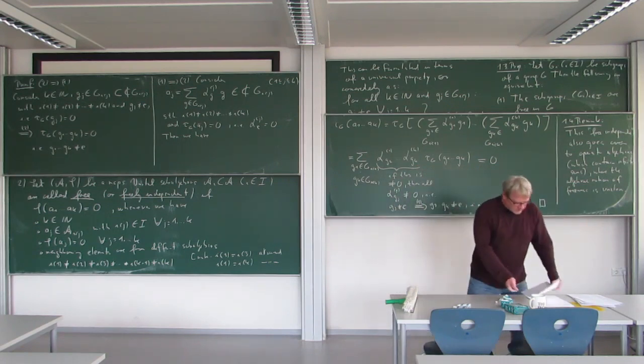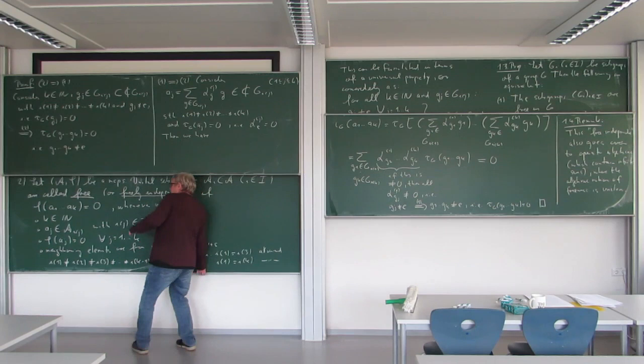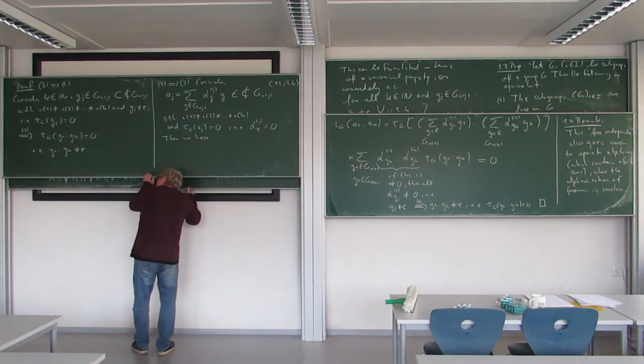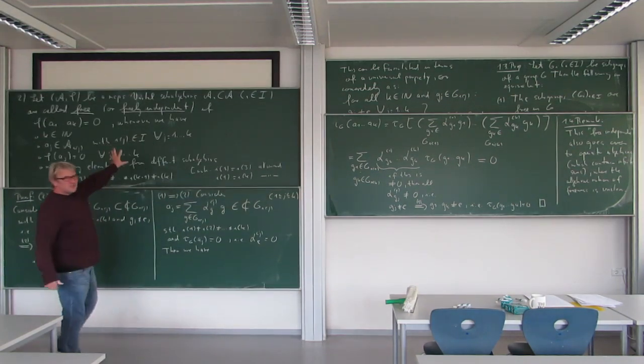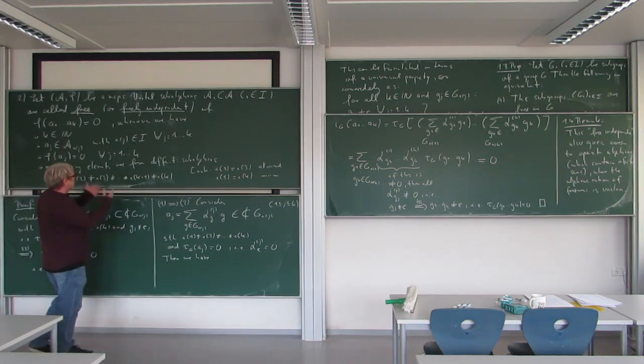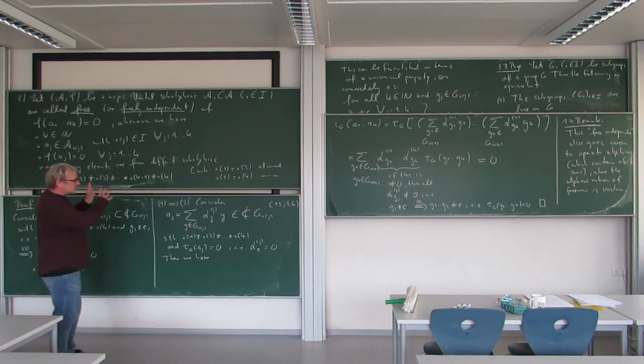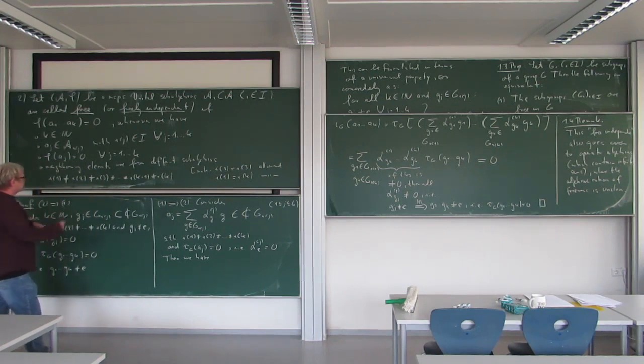Good. Okay, so that was an example which shows at least that this definition is not empty. There are situations where we really have something like this. Of course, if you see this definition, it's not even clear that there are actually situations where you have something like this, but of course the definition was made according to what happens in the group algebra of a free product of groups.